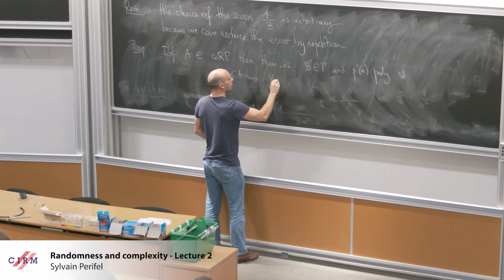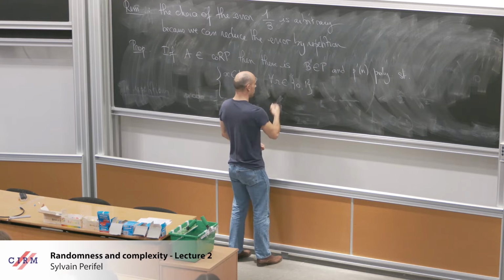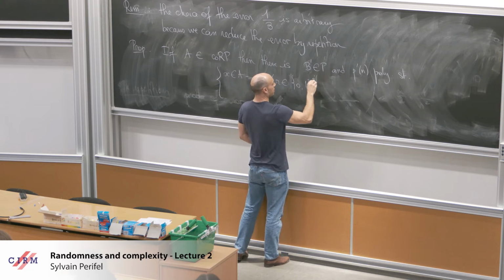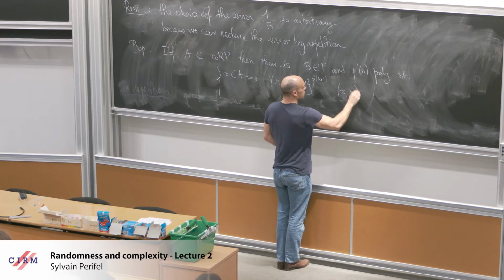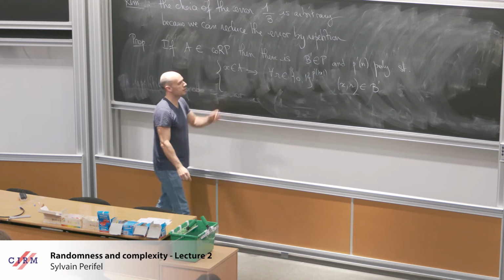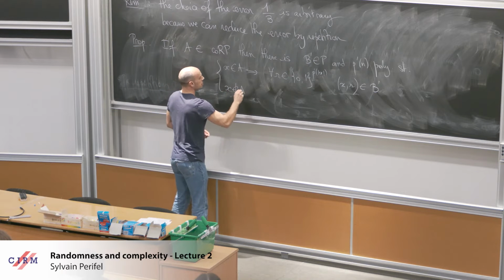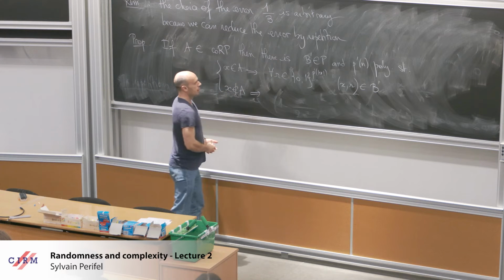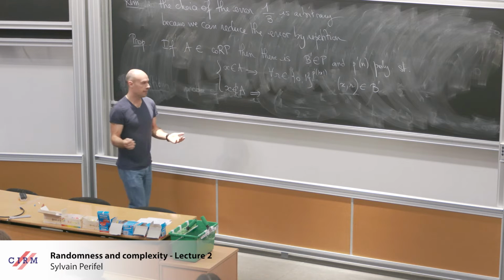So for all choices of the random bits of length P'(X), you will be in the language B', so you will accept, as before. And if X is not in A, then the probability of acceptance will be very small.